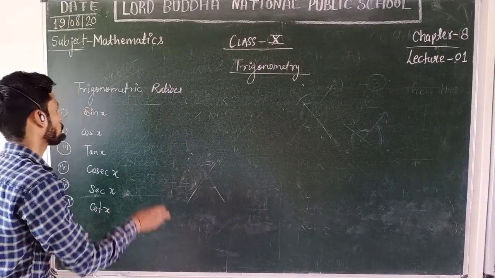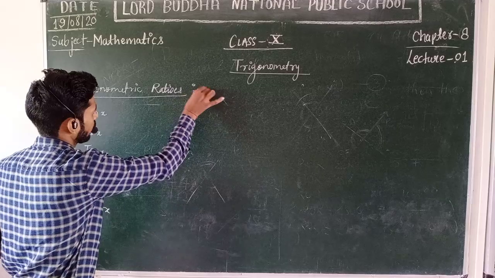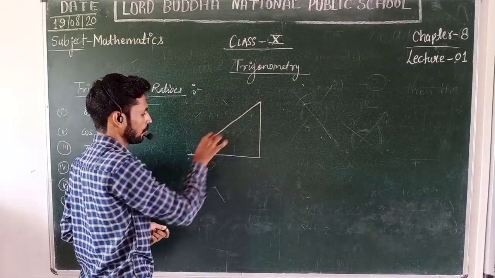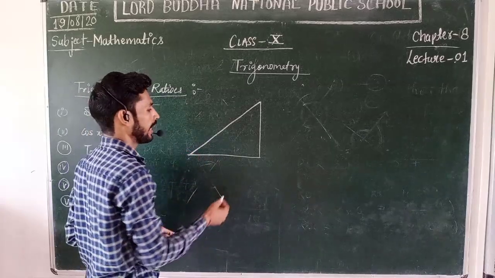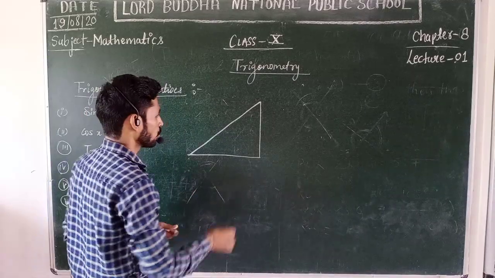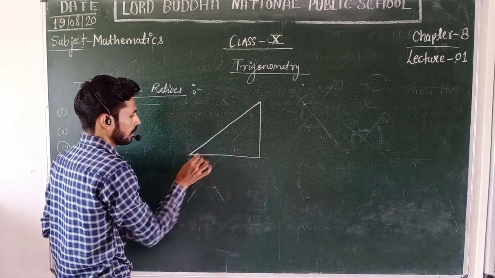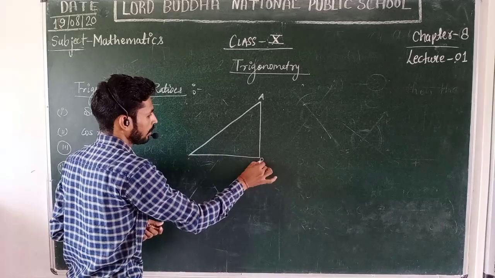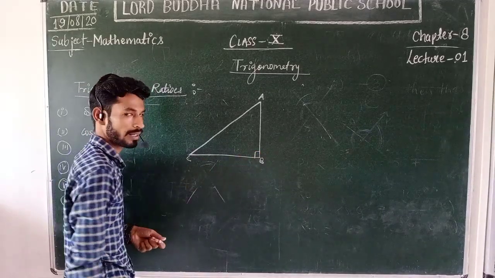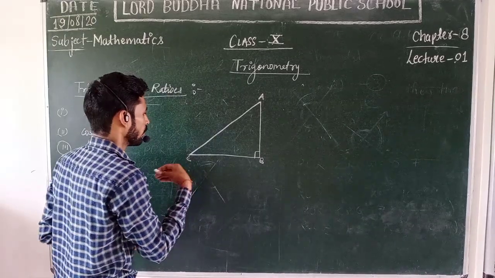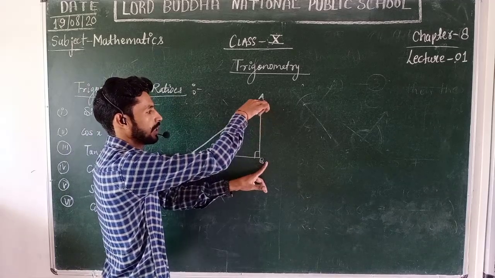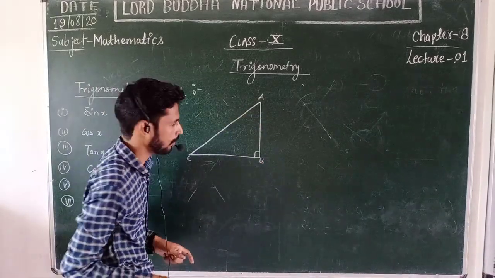To clear this question, I am taking an example: there is a triangle which is a right triangle. Right triangle means one angle of this triangle should be 90 degrees. So suppose that there is a triangle ABC. In this triangle, angle B is 90 degrees, and the height of this triangle is known as the perpendicular.